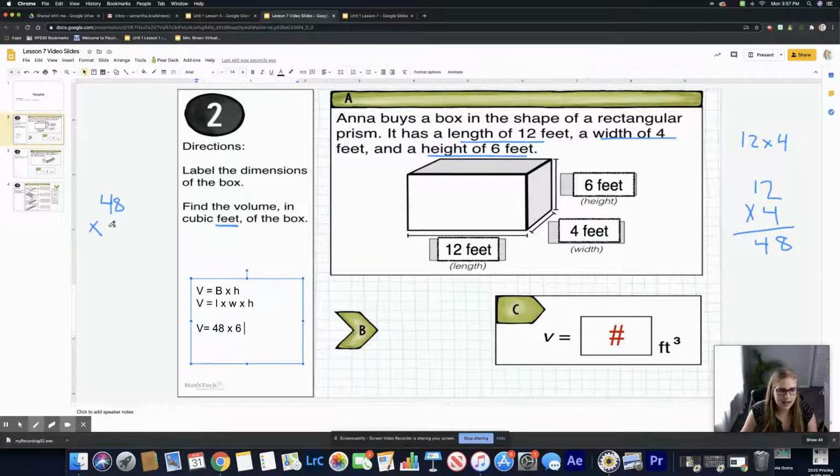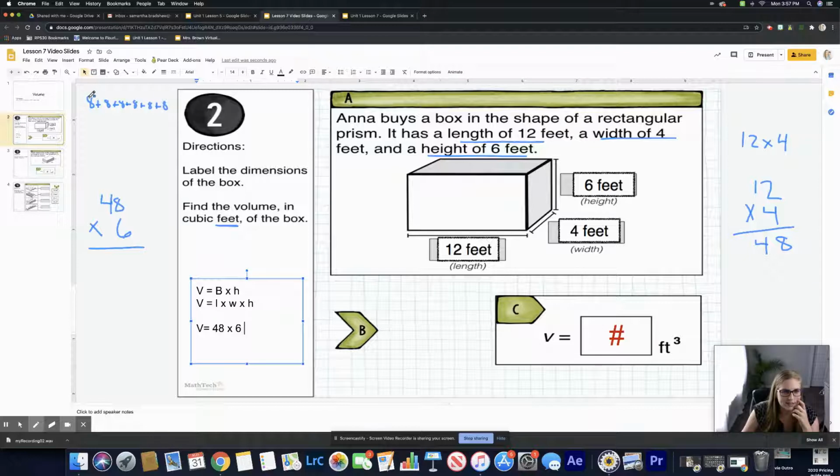So now I have to figure out 48 times 6. Okay, well, if I don't know my math facts, how can I do 6 times 8? Well, that is saying I'm going to have 6 groups of 8. So 8 plus 8 plus 8 plus 8 plus 8 plus 8.